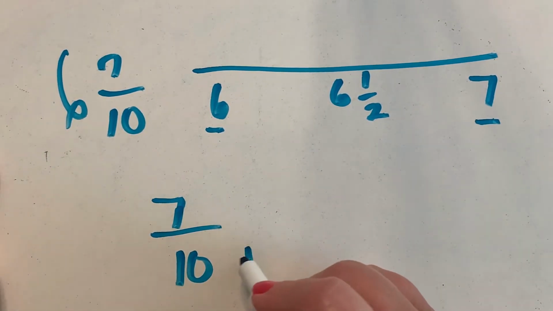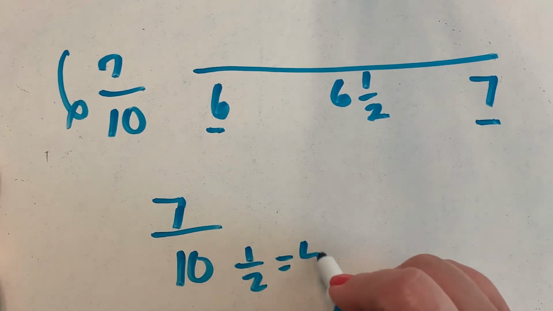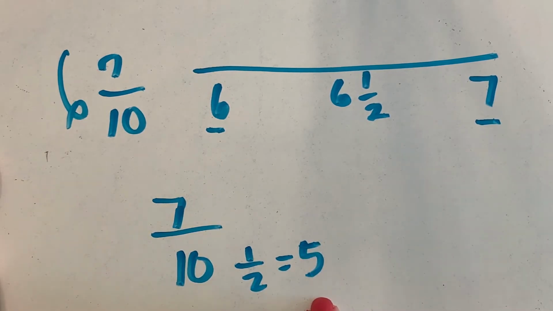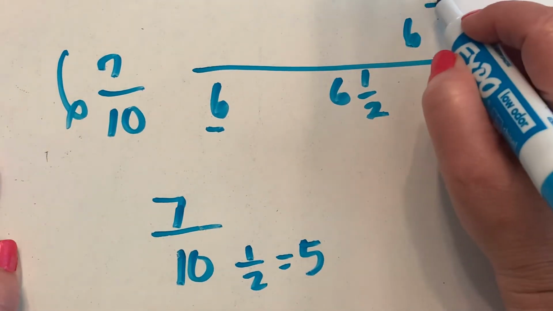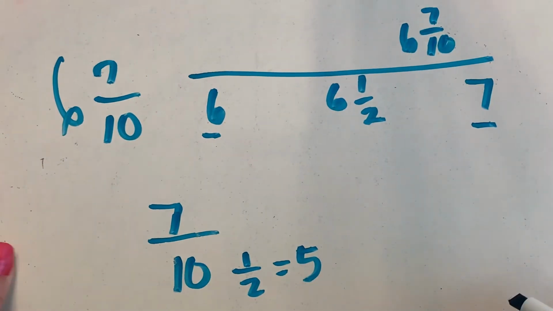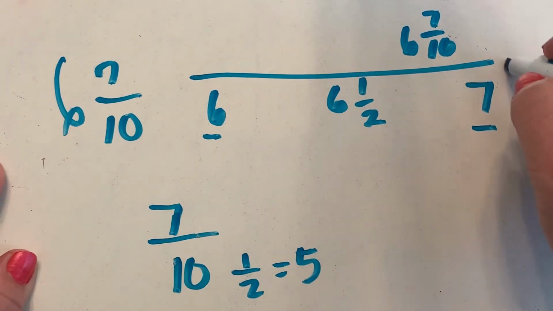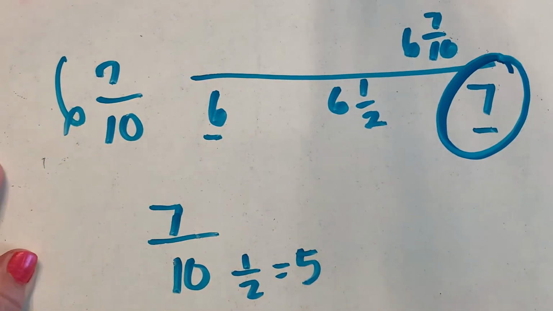What is half of 10? 5. Look at your numerator. Is 7 greater than 5 or less than 5? Yes, it is greater than 5. So 6 7/10 would go right here in the number line, and we would round the number up to 7.